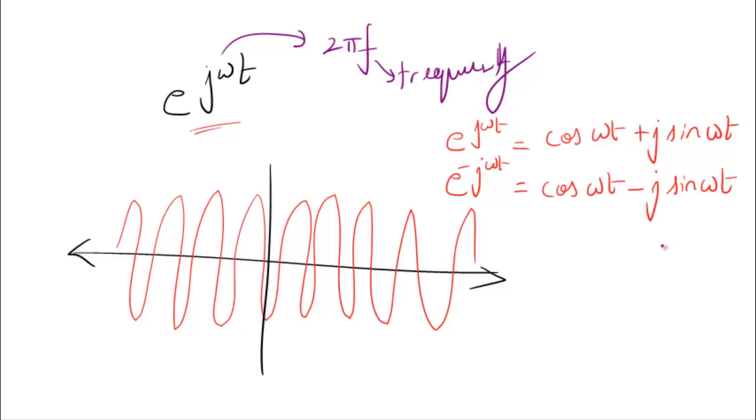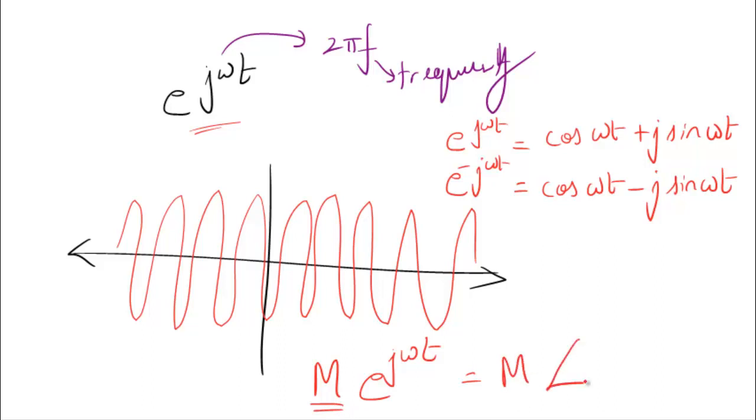If you want to use the calculator, just remember e raised to power j omega t can be written as in the calculator. Here there is no value, here it is 1, but suppose there is some value here, that we will take as magnitude.